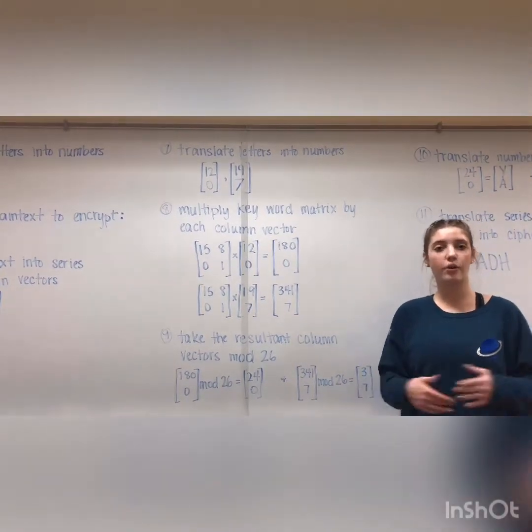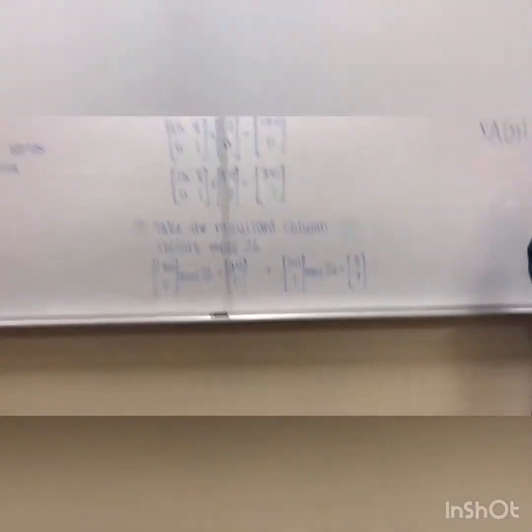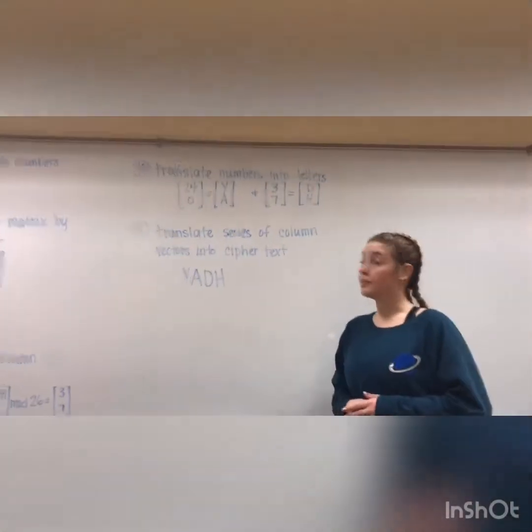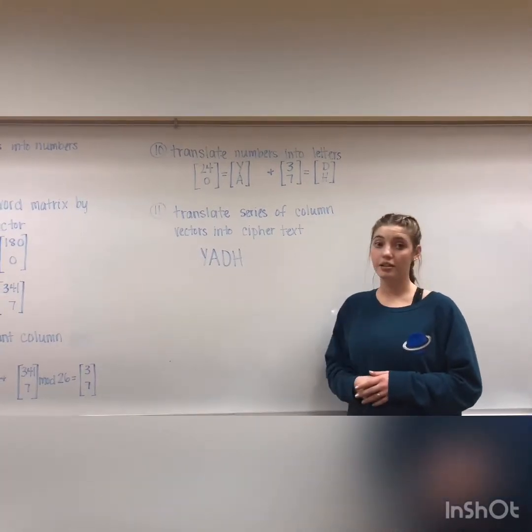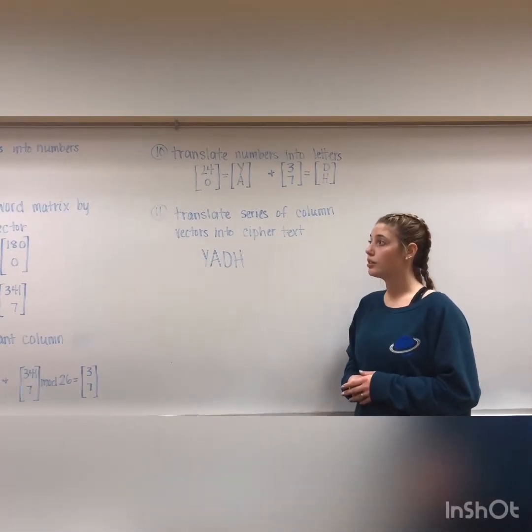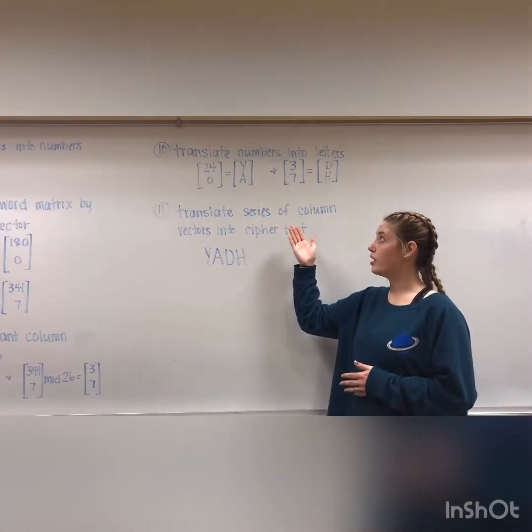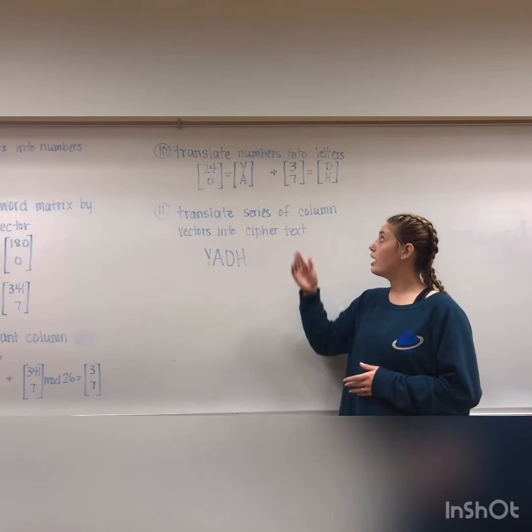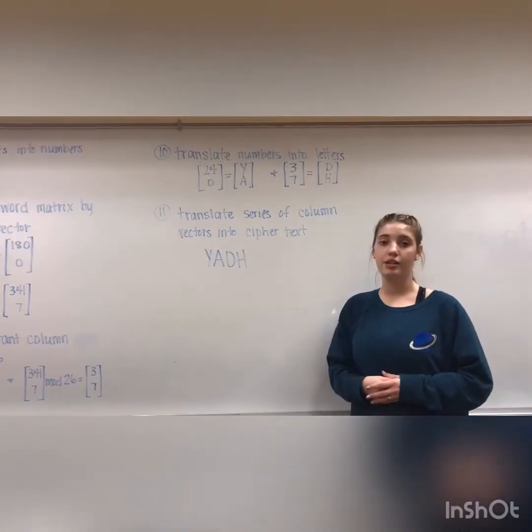Now our vectors are within the range 0 to 25. Step 10 is to translate these column vectors back into letters. Again, using our alphabetical zero-based indexing, we know that 24 goes to Y, 0 to A, and the vector 3, 7 ends up looking like DH.